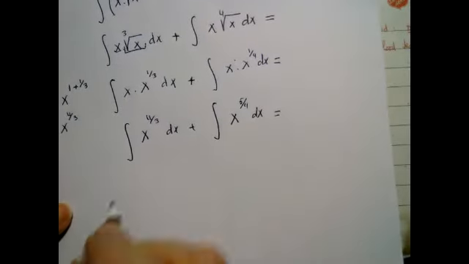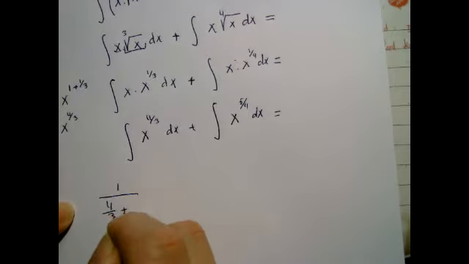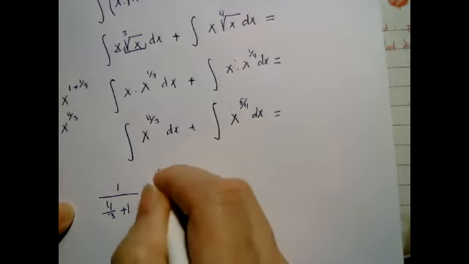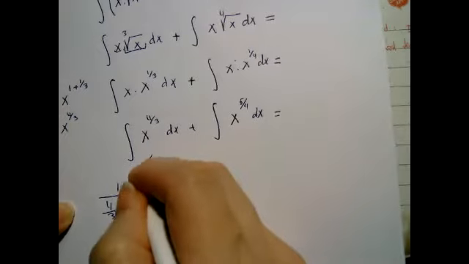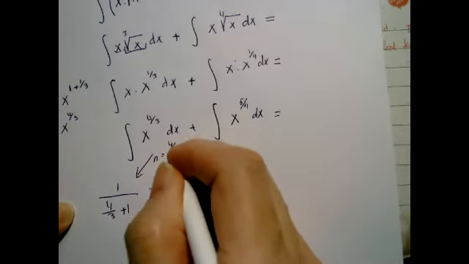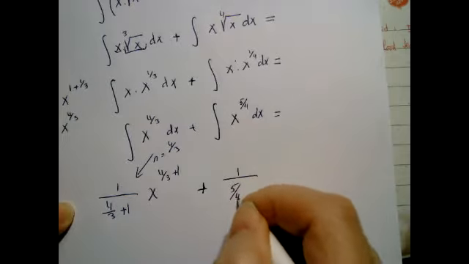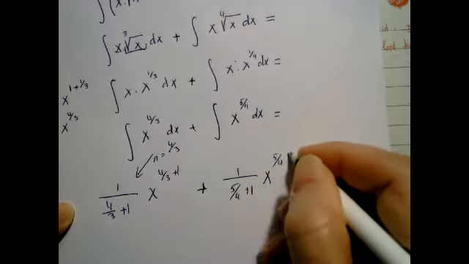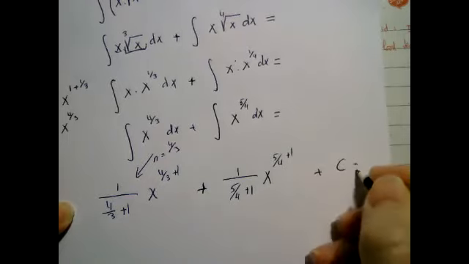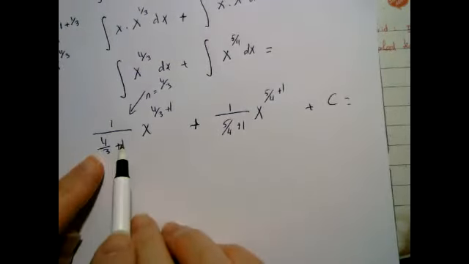So this would become 1 over 4/3 plus 1, x to the 4/3 plus 1. So from here to here, my n is 4/3, plus 1 over 5/4 plus 1, x to the 5/4 plus 1, plus our constant. So 4/3 plus 1 is (4 plus 3)/3.